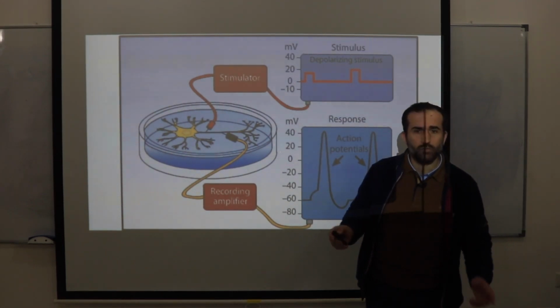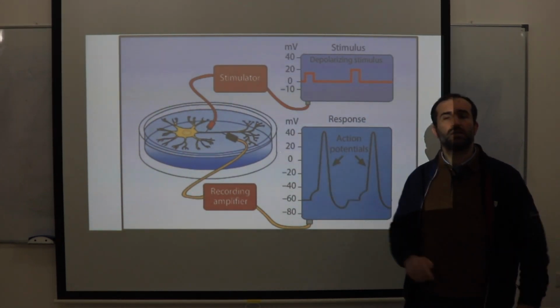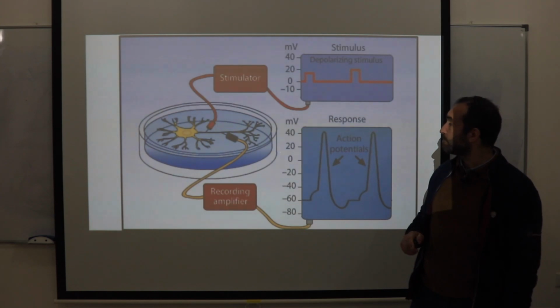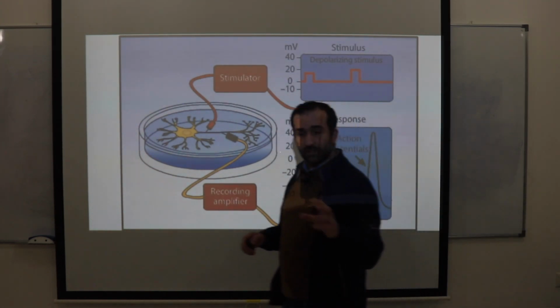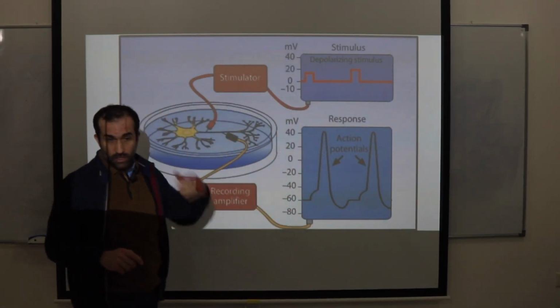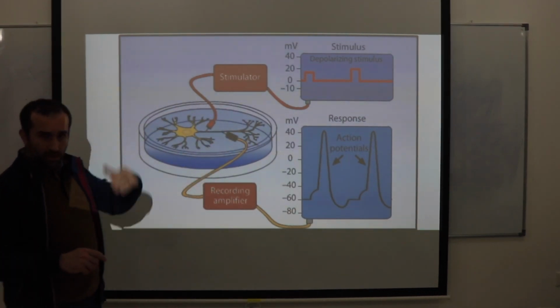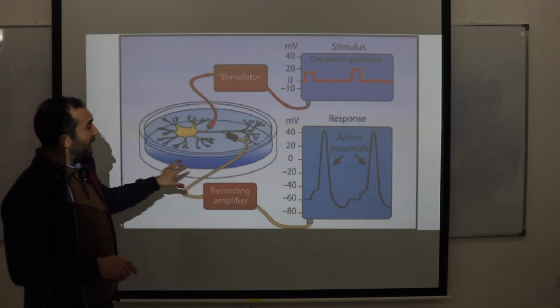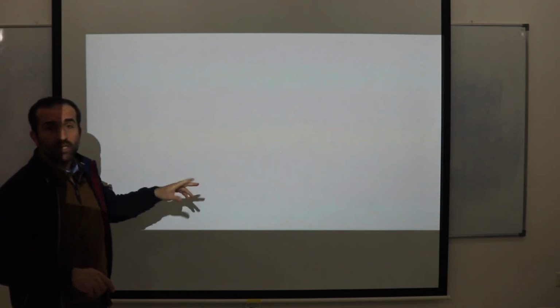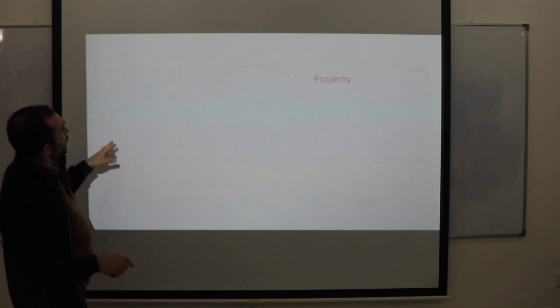The amplitude of the action potential remains constant. And this is a very important property of the action potential that we will study its origin further, but now we are interested only in the property.